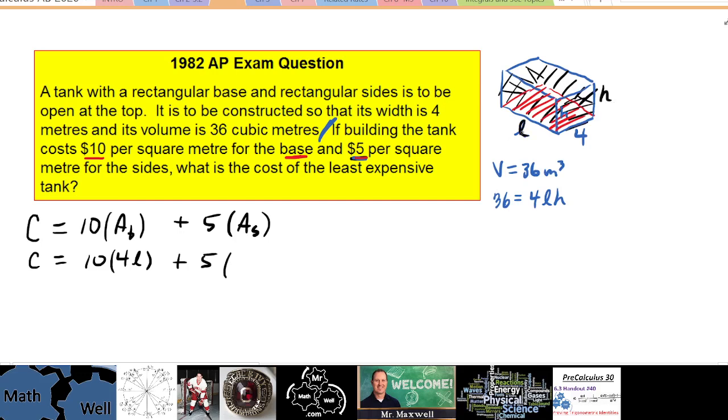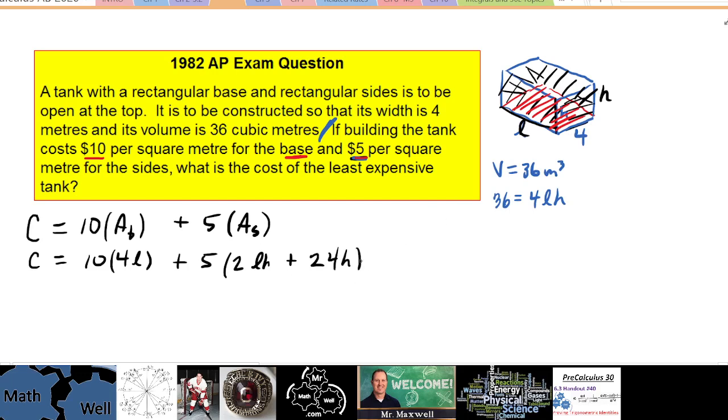Well, there's different sides, isn't there? There's L times H. There's 2 LHs. And I'm gonna make this all one expression, I guess. And there's also 2 what? 4 H's. Okay?